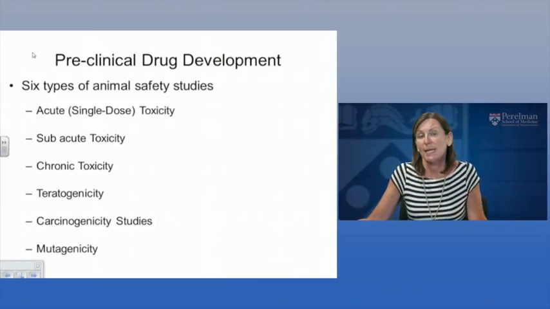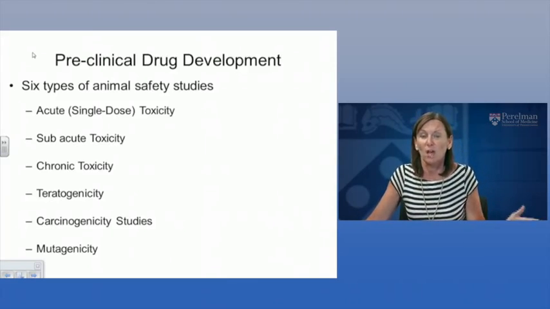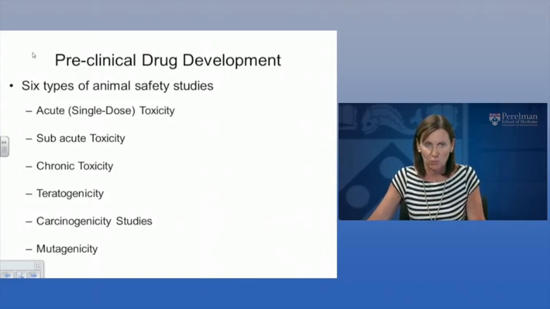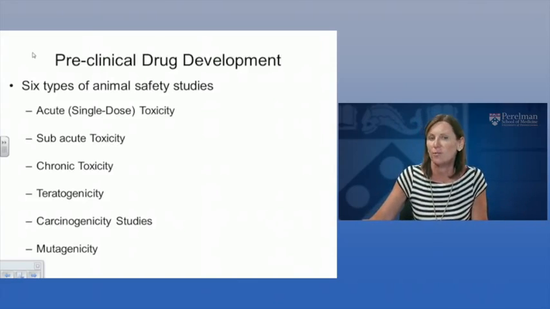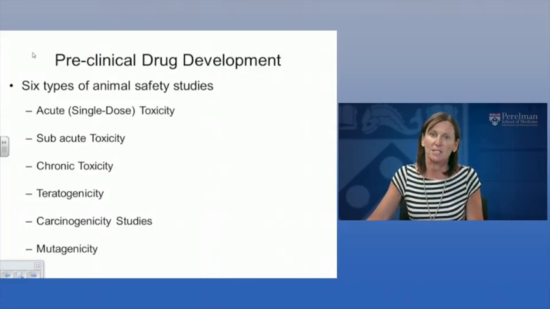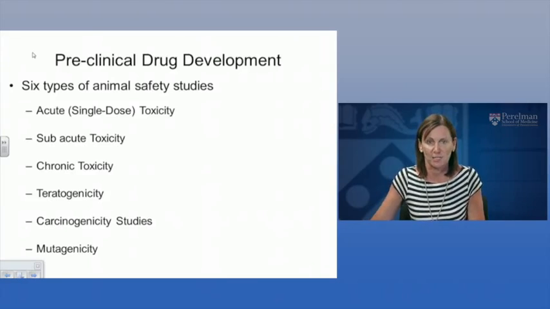In contrast, the development of a novel antihypertensive drug, which will be used over extended periods of time in patients with the inexorable diagnosis of hypertension, will need acute toxicity, subacute toxicity, and chronic toxicity. Then in addition, we need to consider other types of safety assessment.